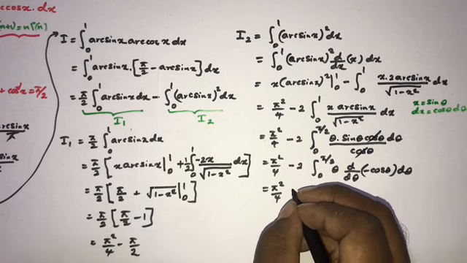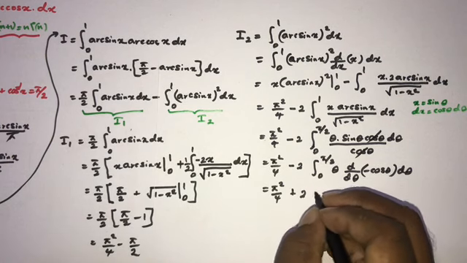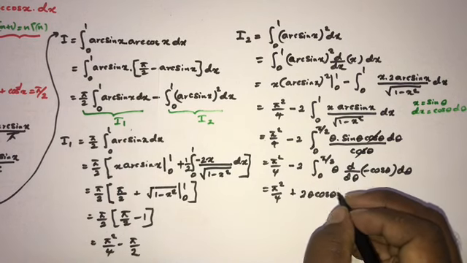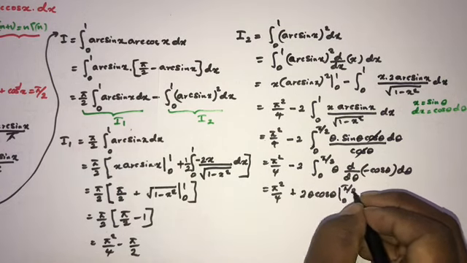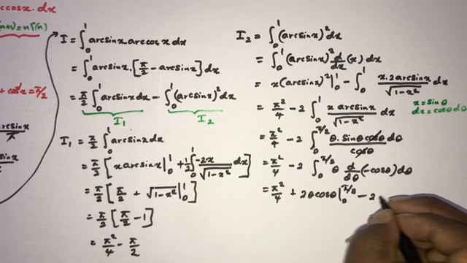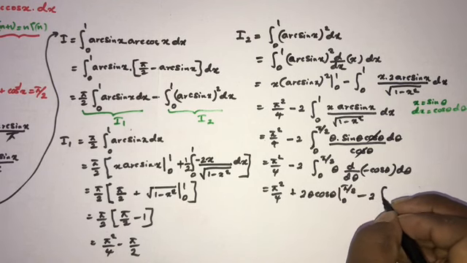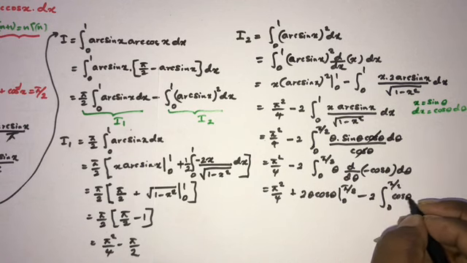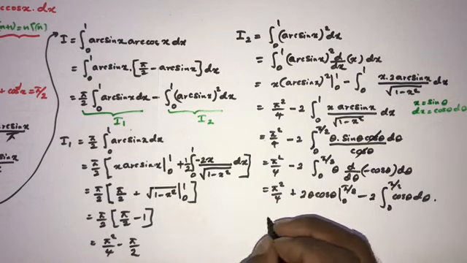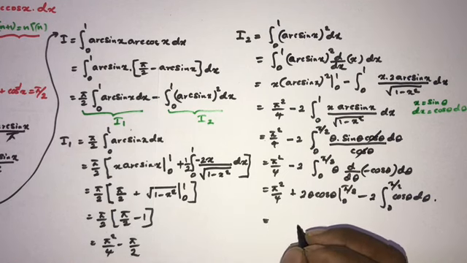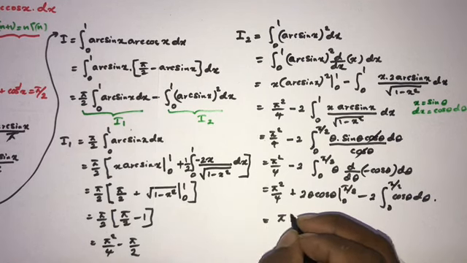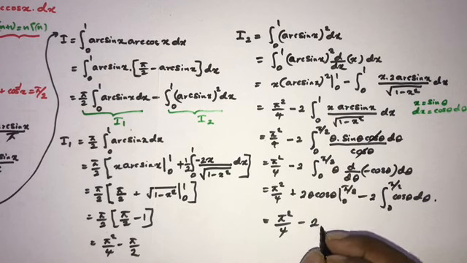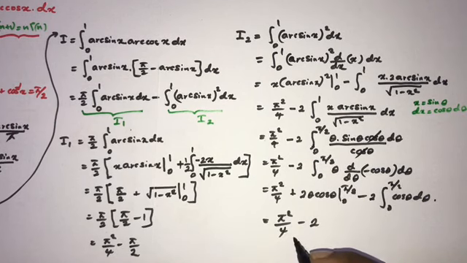So here plus 2 times theta cosine of theta from 0 to pi over 2 minus 2 times the integral from 0 to pi over 2 of cosine of theta d theta. Now we can simplify this easily. So finally we will have pi square over 4 minus 2. Okay, this is the I2.